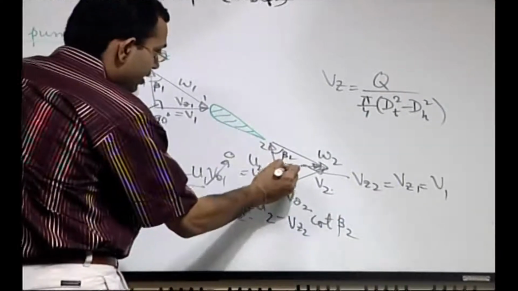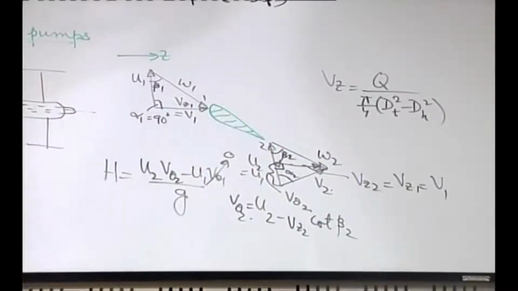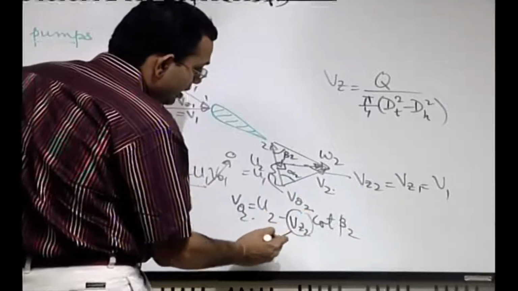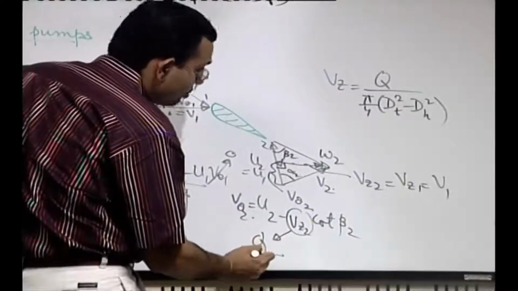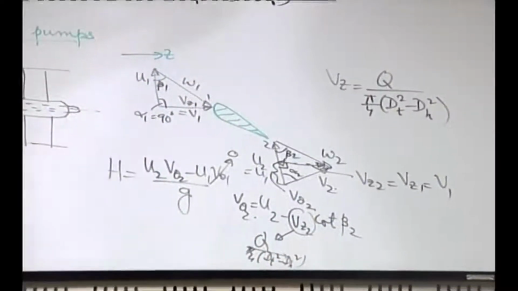This angle is 90 degrees, so you can clearly write it from trigonometry, and Vz2 is the same as Q divided by pi by 4 into d tip square minus d hub square.